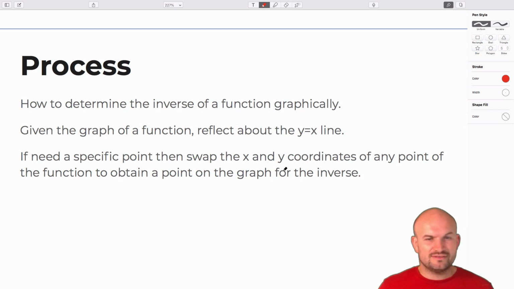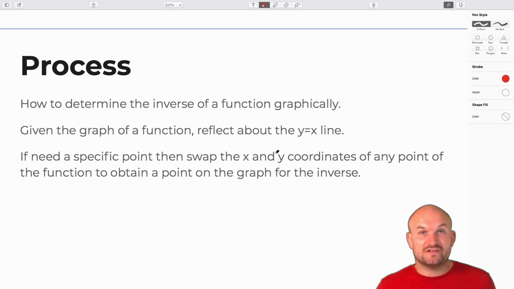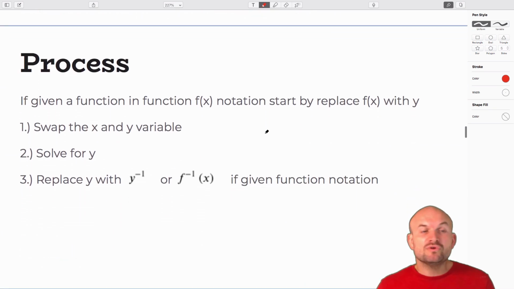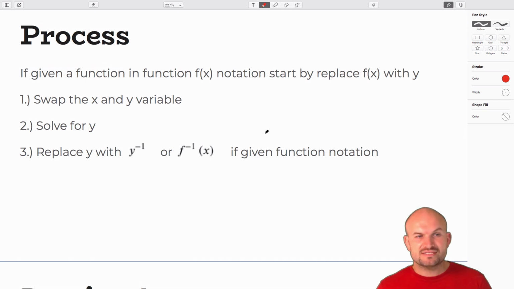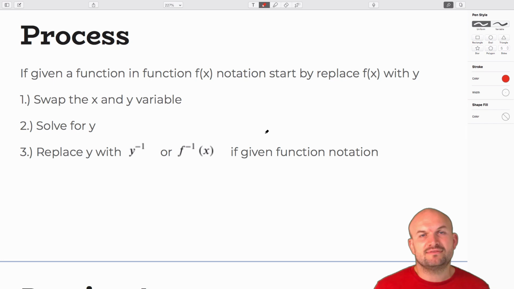We didn't really discuss this in this class, and we're not going to work through them. But if we needed to figure out the domain or range of a function graphically, we just reflect over the y equals x line, or swap the x and y coordinates. But the process we wanted to work with was the algebraic process. Given a function in f of x notation, to make the math easy, just swap it with y.